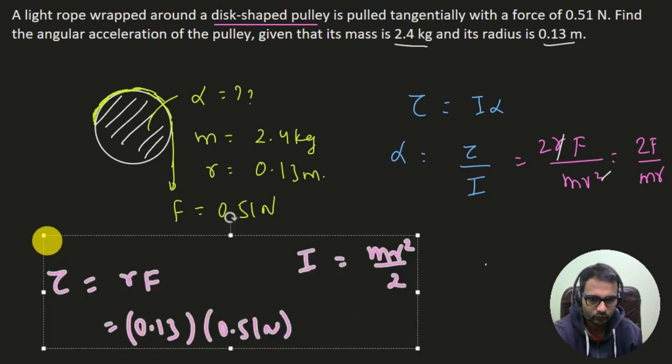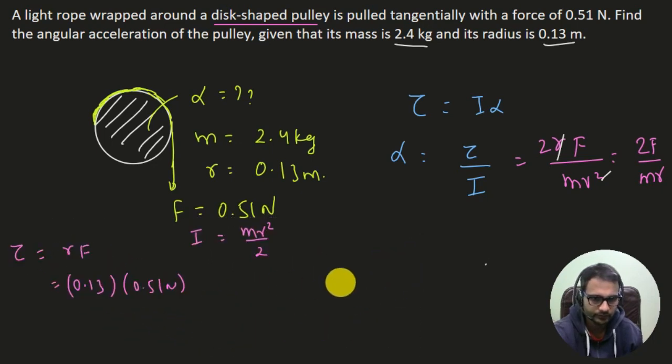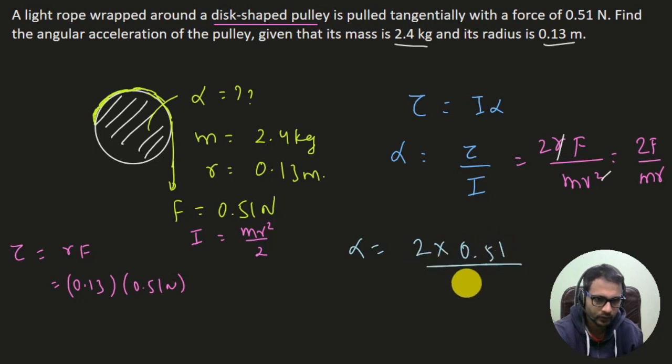Now simply we have to plug in the values to find the result. So alpha will be equal to 2 times force, we have 0.51, M we have 2.4, and R is 0.13. Solve this, you'll get alpha to be 3.3 radian per second squared.